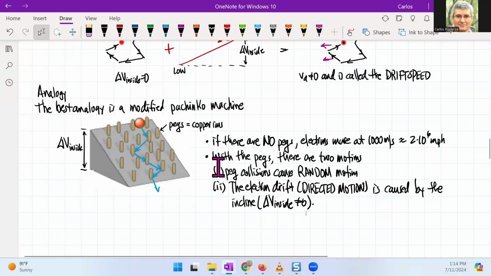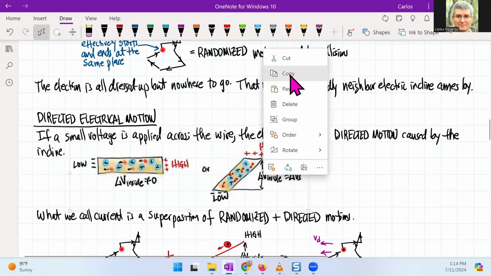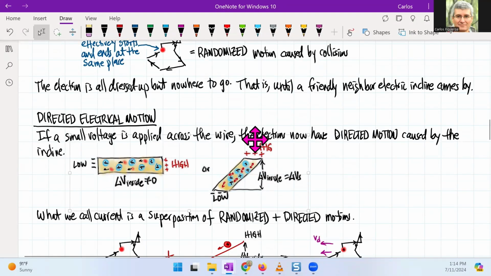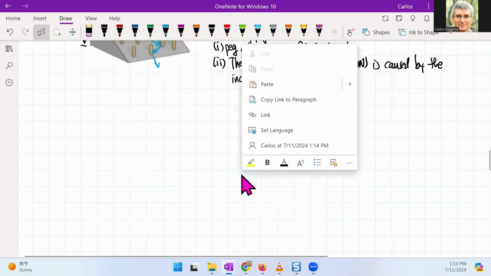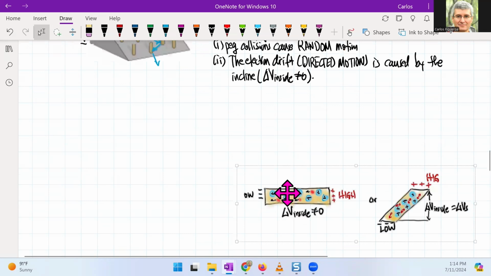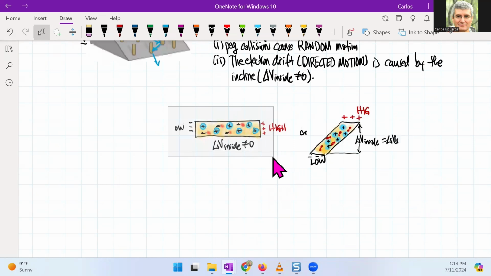So if I was to try to draw a better picture, let me see if I can do this guy right here. Okay, I'm going to copy these and then I'm going to modify these. So here we go. I might just need a bigger picture.